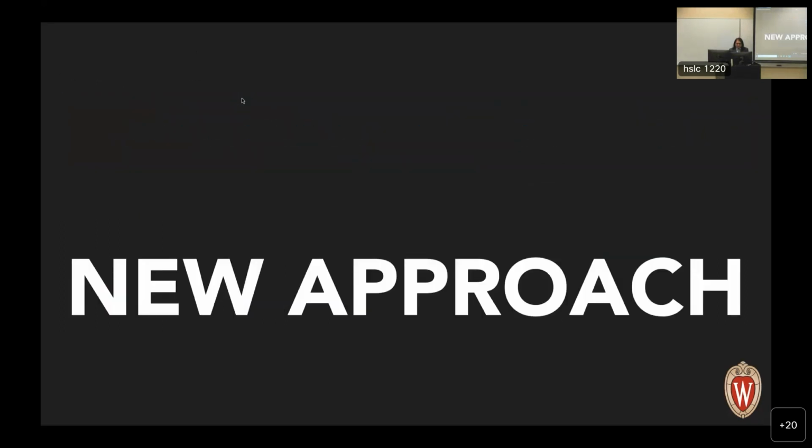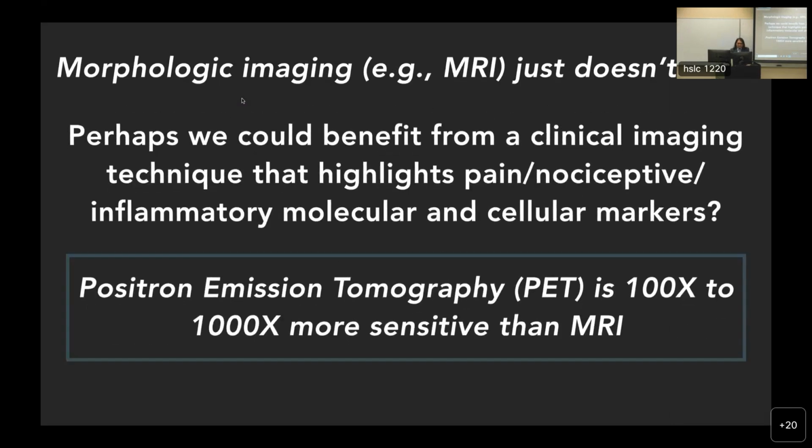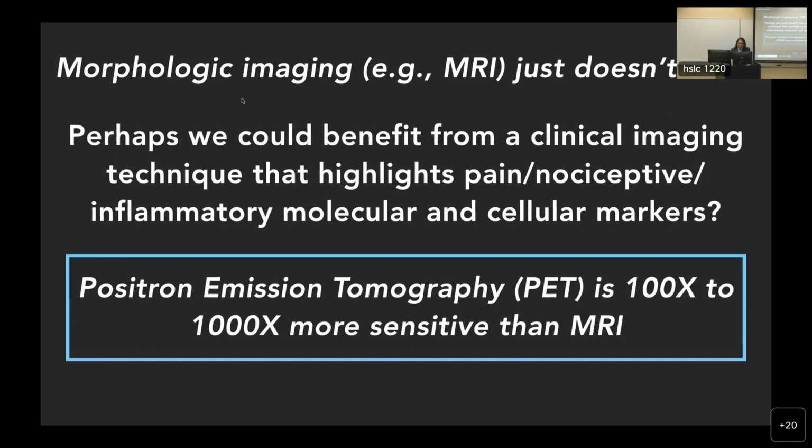So no difference. So what's a new approach that we could take? Well, I just explained that morphologic imaging, which we base a lot of our diagnosis on, like MRI, CAT scans, and X-rays, really just doesn't cut it. So is there some way we could exploit nociceptive, inflammatory, or painful inflammatory molecular and cellular markers?